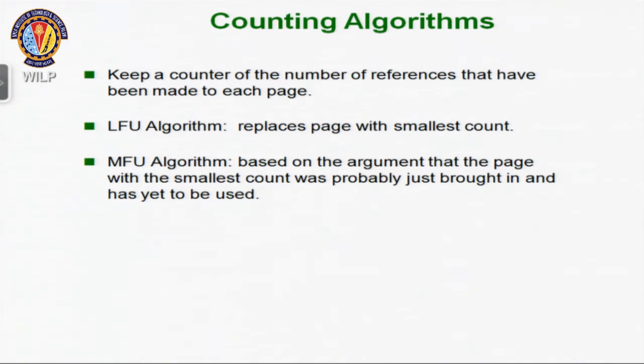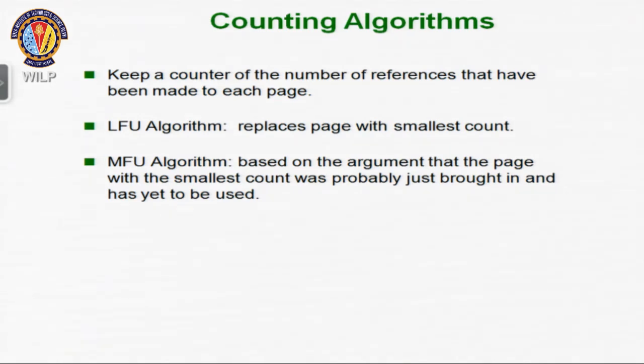In previous cases, what was happening is that we were trying to find a frame which is the least recently used frame, or the most recently used frame, or some such thing, based on our algorithm.